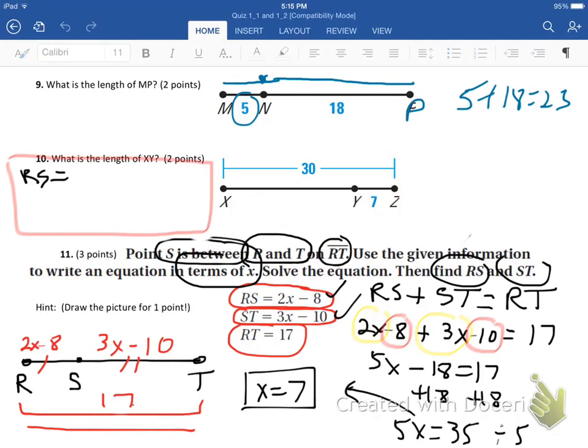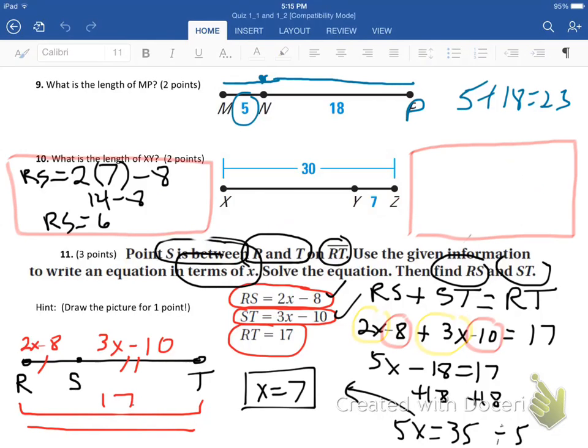RS equals 2 times x, which is 7, minus 8. That's 14 minus 8, which is 6. Yay, we're happy. I'll work the ST over here.